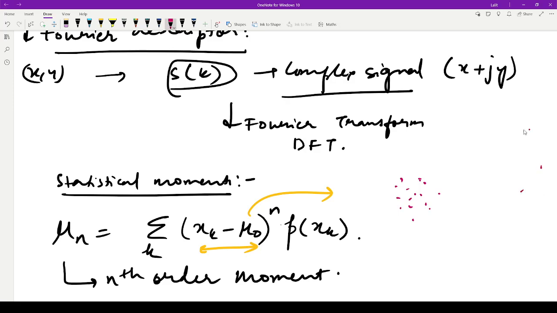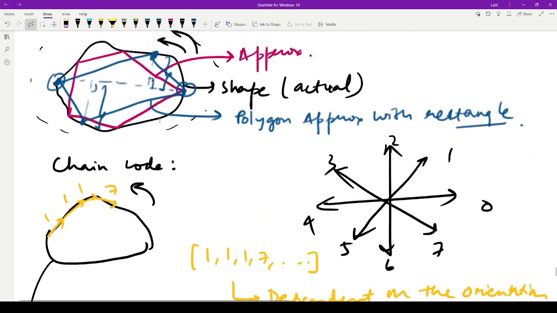But if your points are spread in a larger area, the variance is high, right? Variance is the second order moment. If the variance is high because the scale of the same points is more, that means it is dependent on scale.